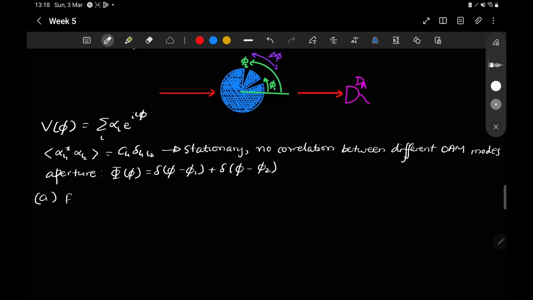So let us now look at the field at the detector. This is the field at the detector, which is contributions from angular slit 1 and angular slit 2.